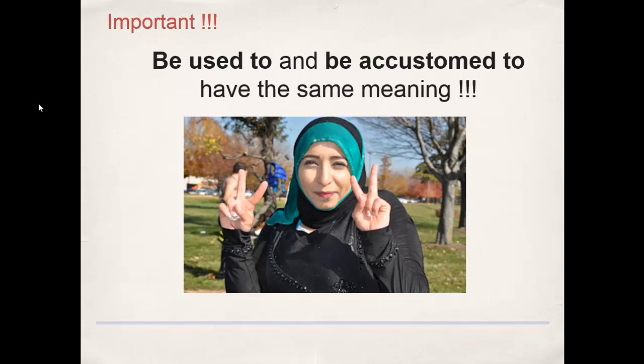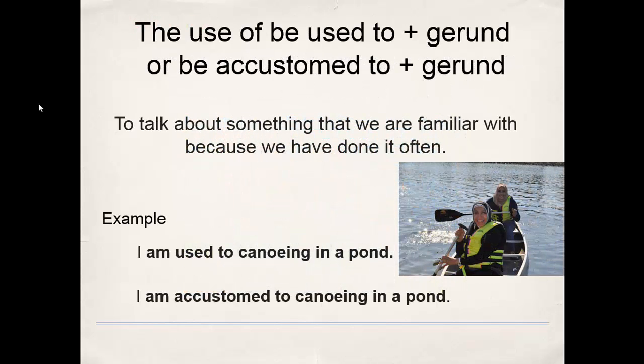Be used to is used more commonly in spoken language, and be accustomed to is more often used in formal or written language. So the meaning of be used to or be accustomed to is we use this to talk about something that we are familiar with because we have done it often, or something that is normal to us.